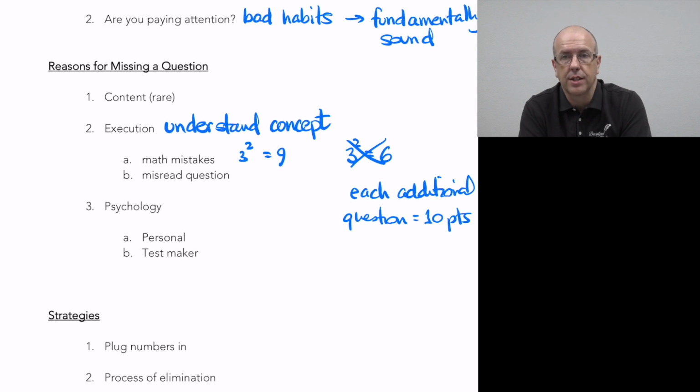The second type of psychology is personal psychology, and that is when you look at a question and it looks really complicated, and you convince yourself, I don't know how to do this. And this happens a lot for students who are a little bit less confident at math. When I see a couple of paragraphs, I generally realize that this question is going to be fairly easy.